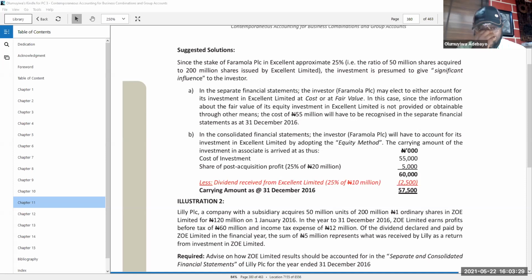Okay. Now, the number of shares held by Lily is 50 million shares out of the 200 million shares in Zoe. That is 25%. That gives us some kind of influence, and therefore it makes Zoe, in this case, an associate of Lily.